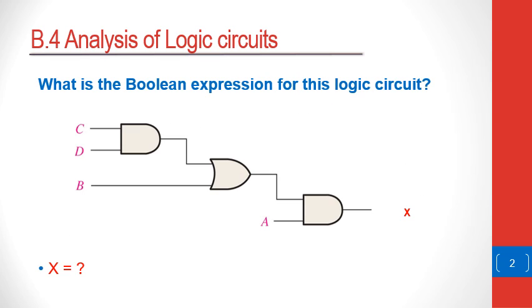So the first example is, let's say you have this logic circuit shown here. Can you write out its Boolean expression? So given a logic circuit, how do you create a Boolean expression? One way of doing that is you begin from the left-hand side.